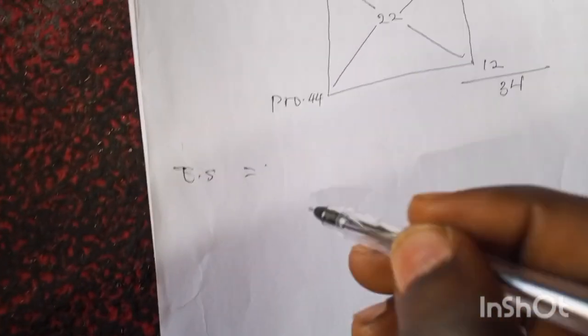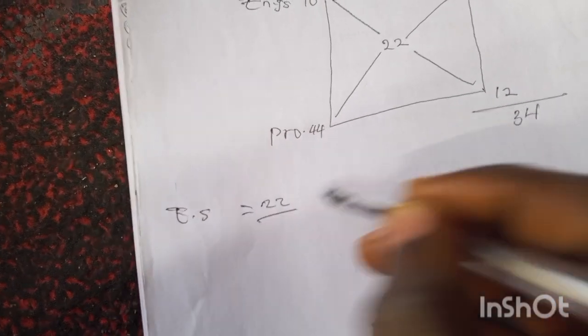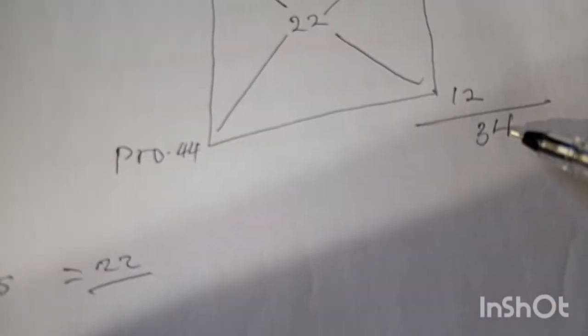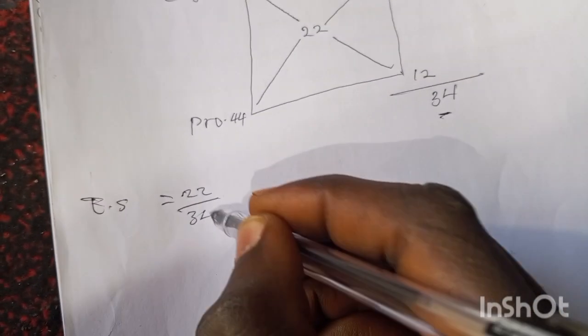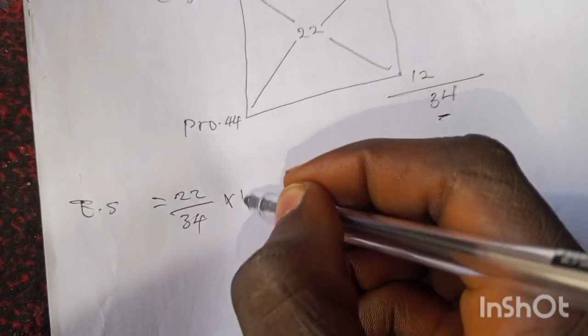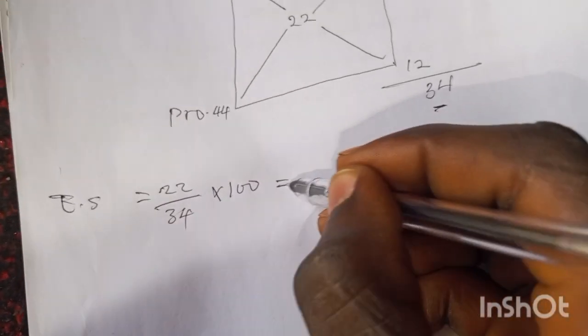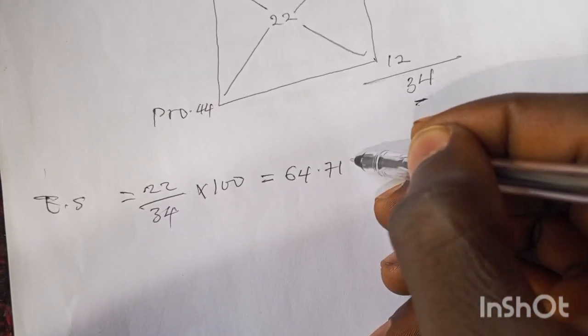So we say 22 over the divided value. Remember, don't forget, this is over 34. Then times 100, which is the one we are working on. If you calculate it, it will give you 64.71 kg.